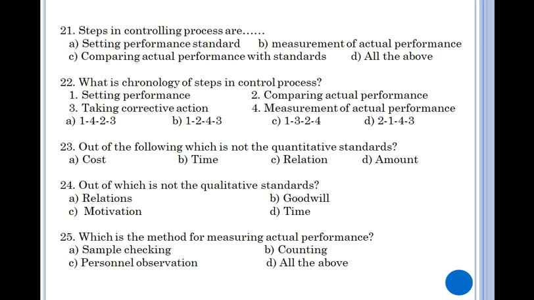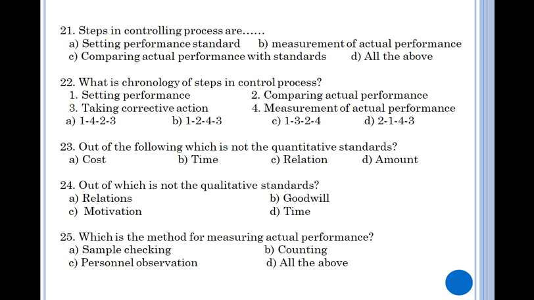Okay, so the options from A, B, C, D are: A, 1, 4, 2, 3; B, 1, 2, 4, 3; C, 1, 3, 2, 4; and D, 2, 1, 4, 3. We know we first set the standard, so our answer must start with 1. So D is incorrect, and we have just 3 options. Then we measure the actual performance.